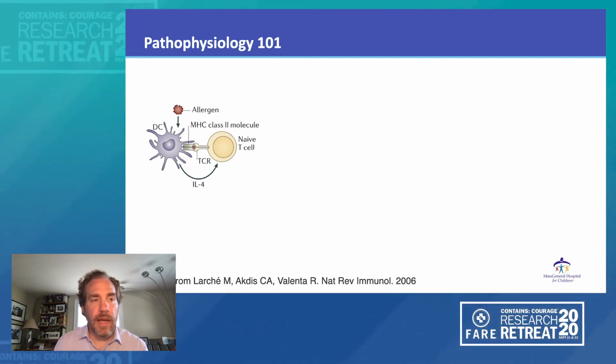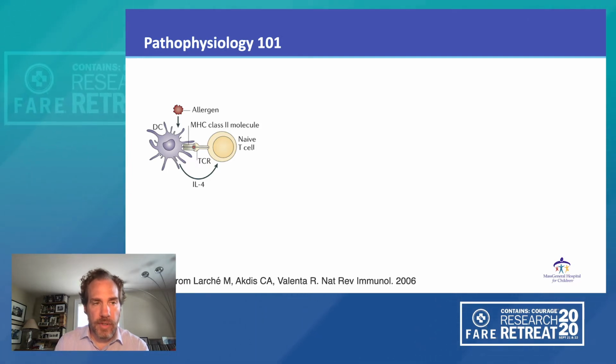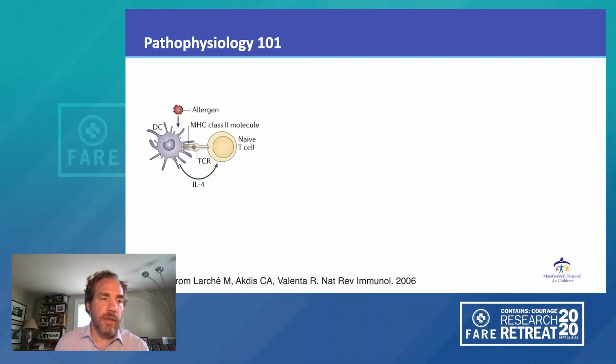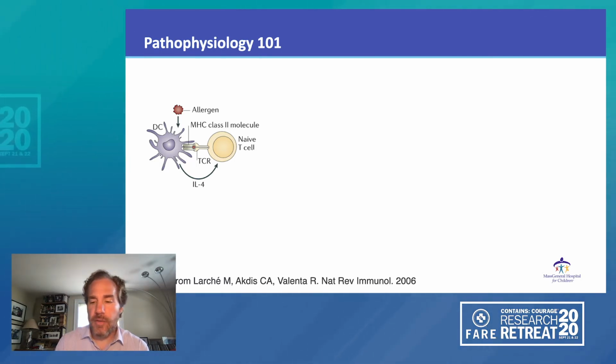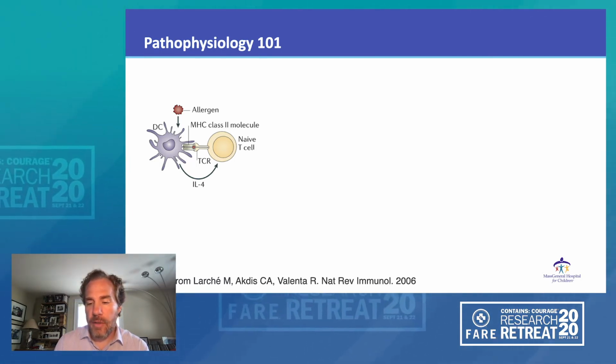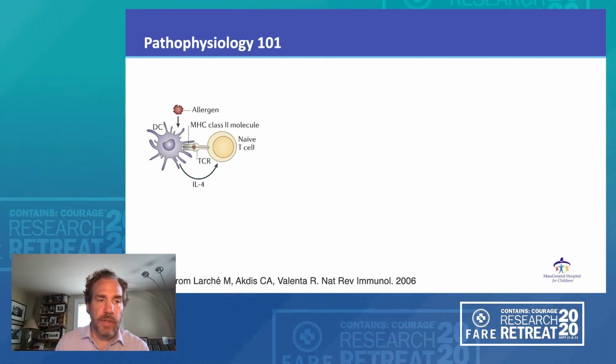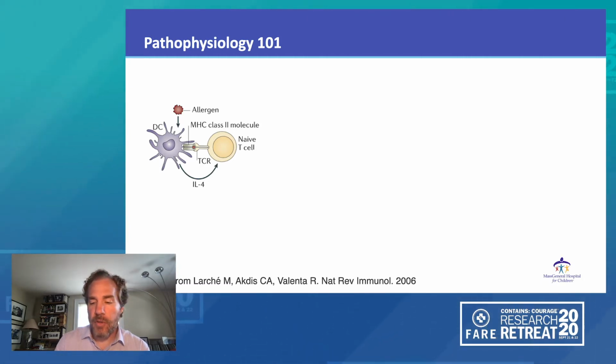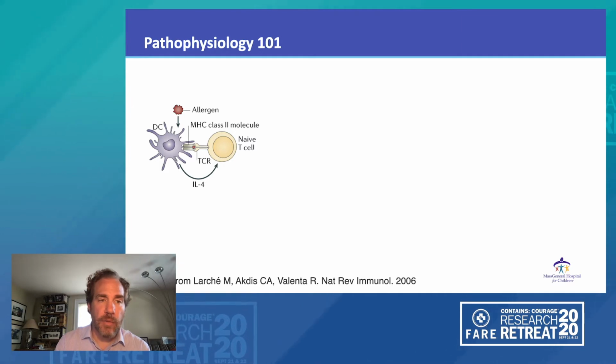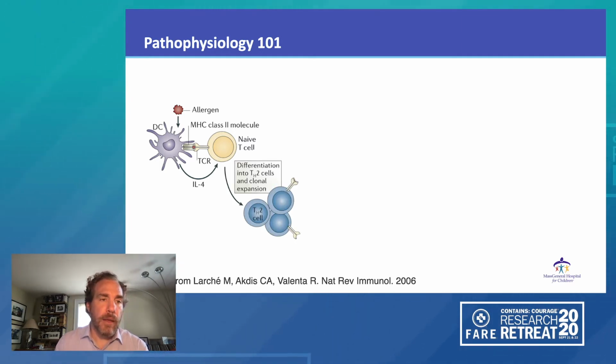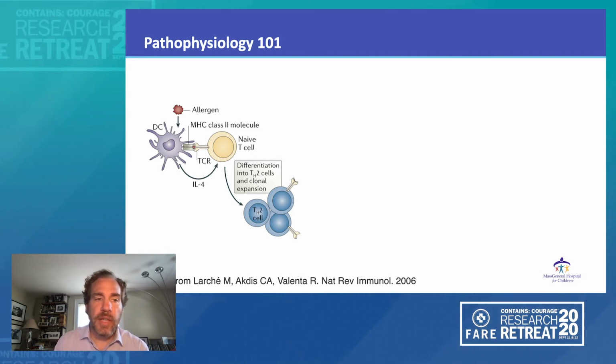Furthermore, we now understand, despite the simplicity of the cartoon here, that there's a diversity of dendritic cells that have specialized function and may differentially play important roles in generation of the allergic response versus a homeostatic or regulatory response. But in this context of allergy, this interaction goes wrong and leads to the education of this naive T cell to become a so-called Th2 cell.